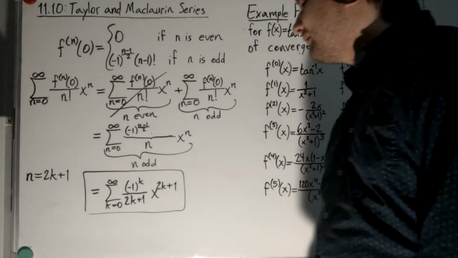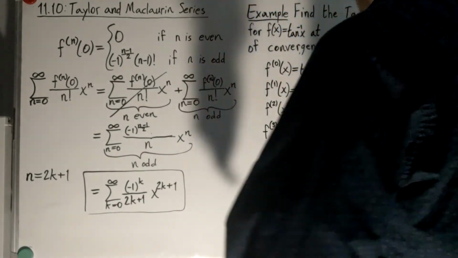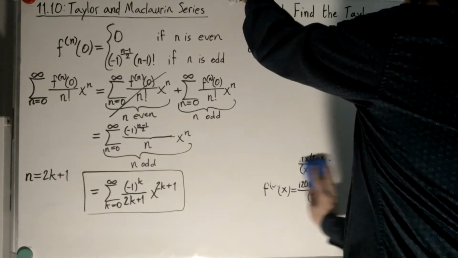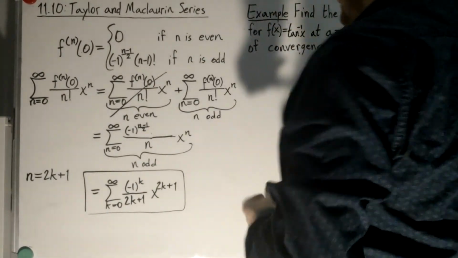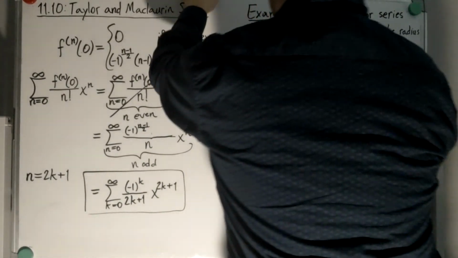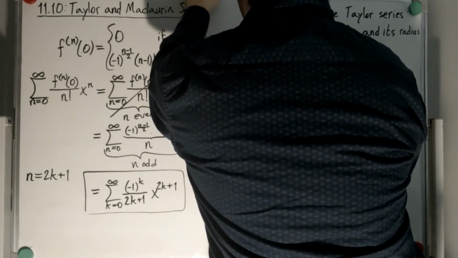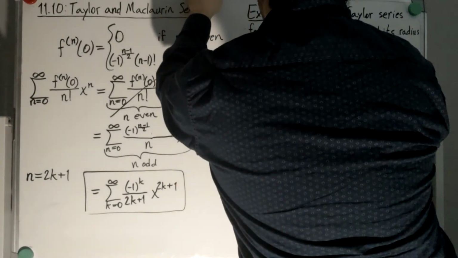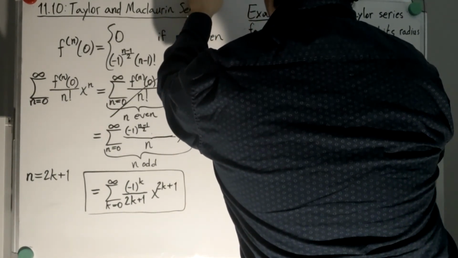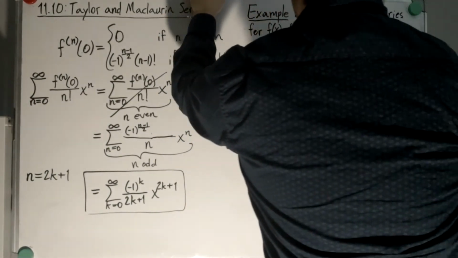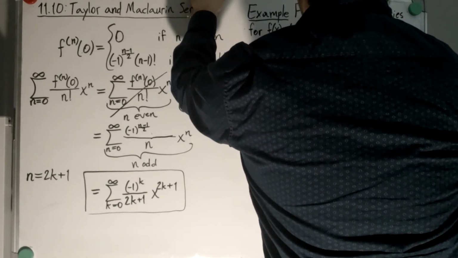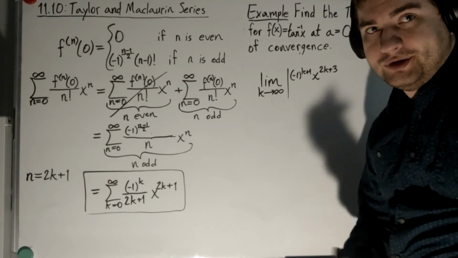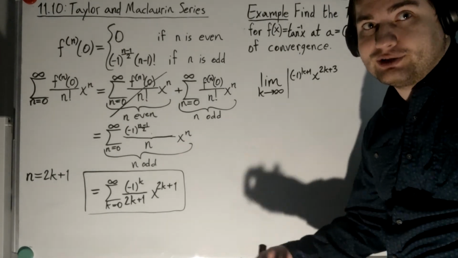Anyway, they asked us for the radius of convergence. So in order to get that, of course, we're doing the ratio test. So the limit as k approaches infinity of, let's see here, the absolute value of negative 1 to the k plus 1 times x to the 2k plus 3, because when you replace the k with a k plus 1, the 2 distributes, you get 2k plus 2 plus 1.